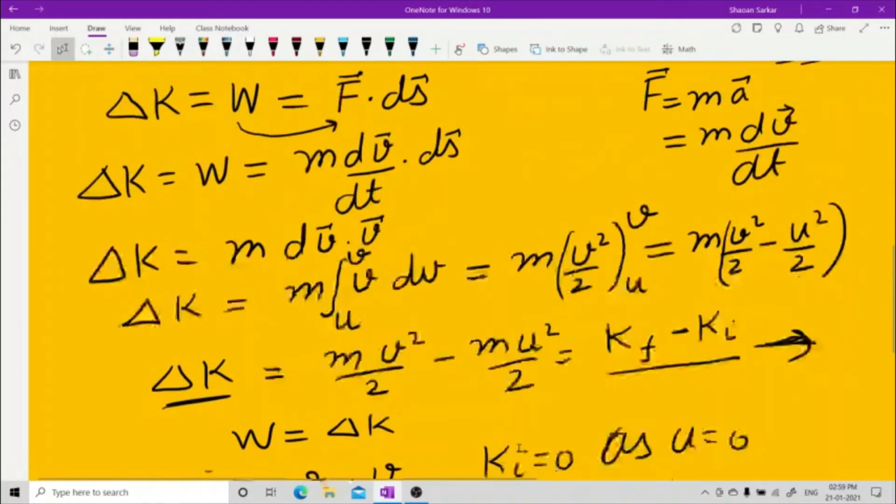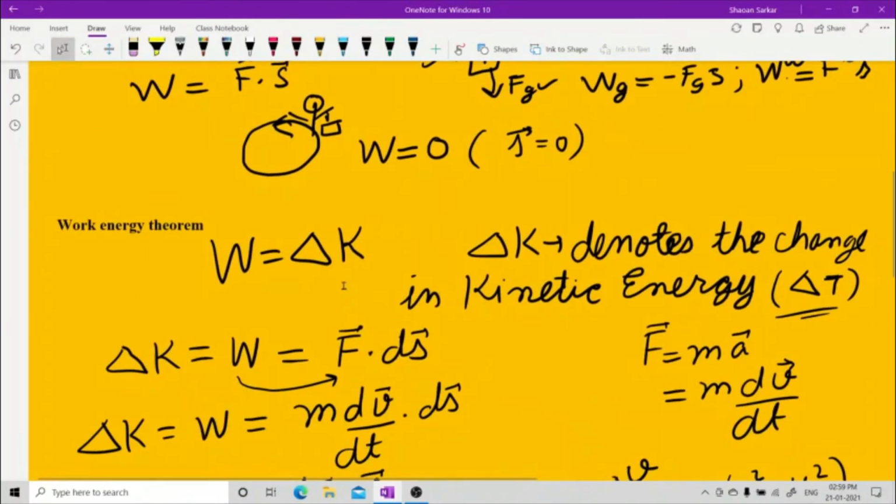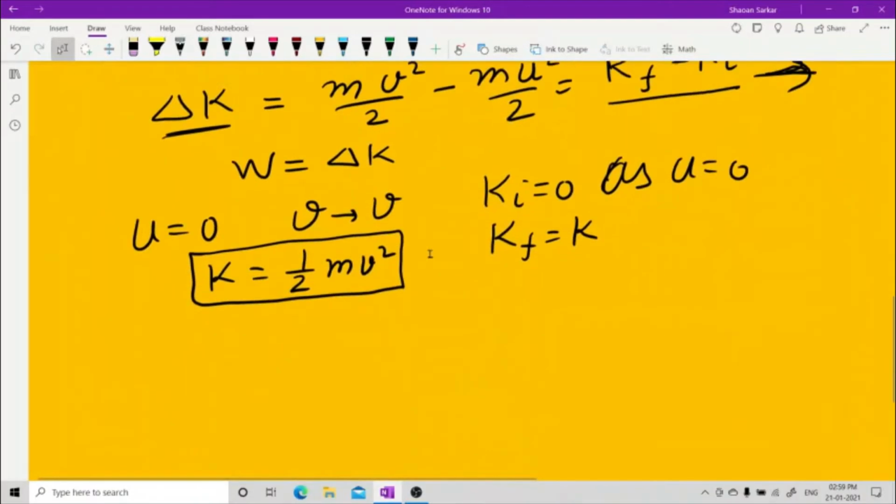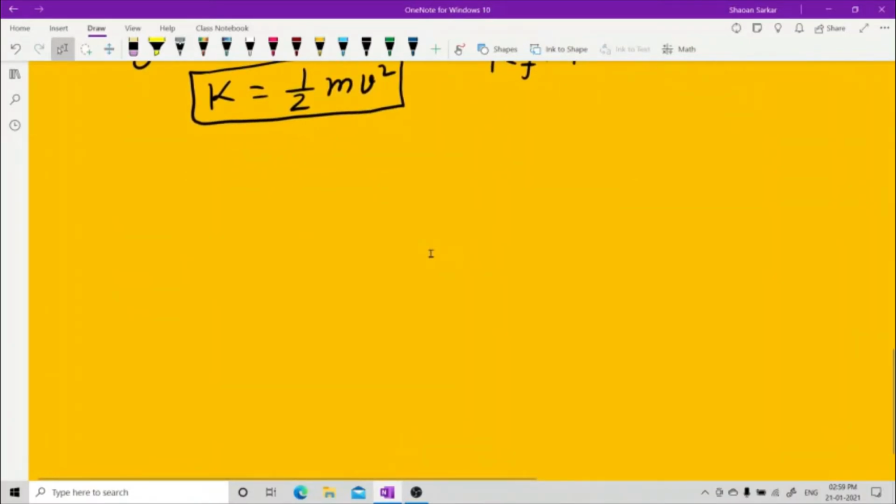Now, a very, very important discussion on this expression, W is equal to delta K. See what exactly this W is all about. Again I write W is equal to delta K. What does this W signify?